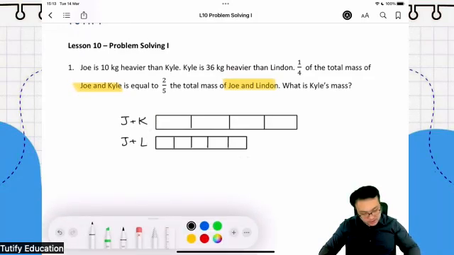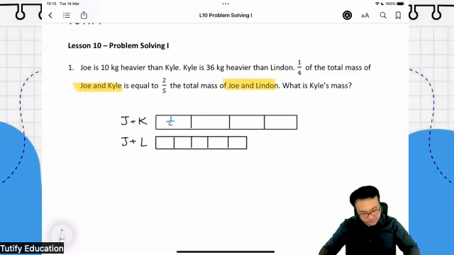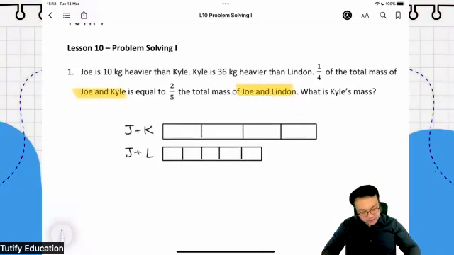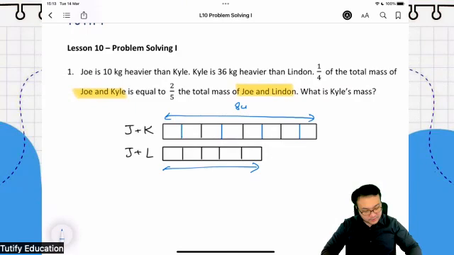And we can say that 1/4 of Joe and Kyle equals to 2/5 of Joe and Lyndon. So students, why not we go ahead and divide all the units into the same size? There we go. So now we have a total of 8 units here, and we have a total of 5 units here, right?